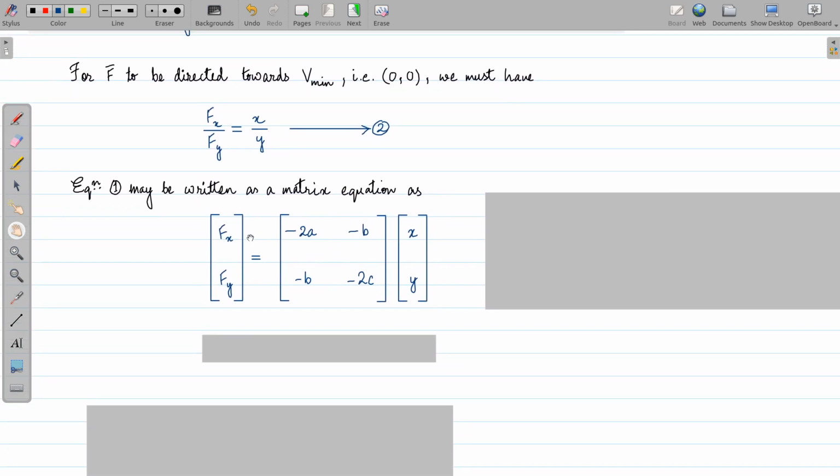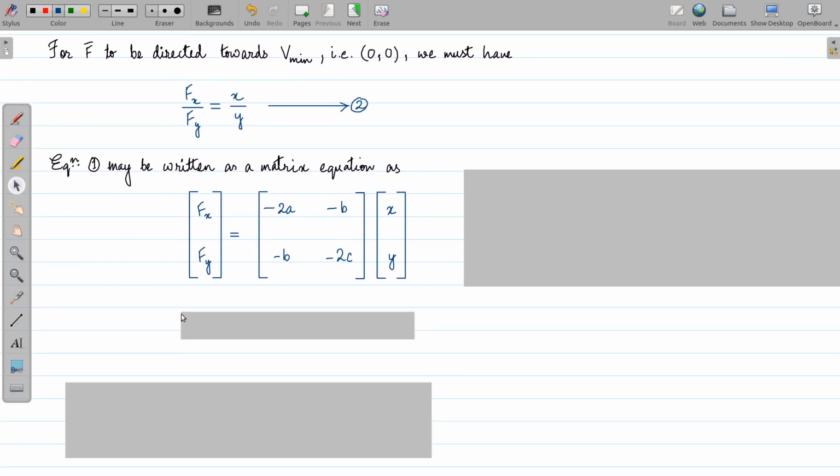Very simply we can write it as a column matrix small f equal to a 2 cross 2 matrix H times another column matrix R. The components of f are fx and fy, and the components of the R matrix are x and y.